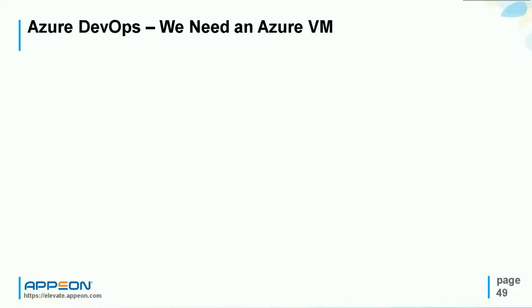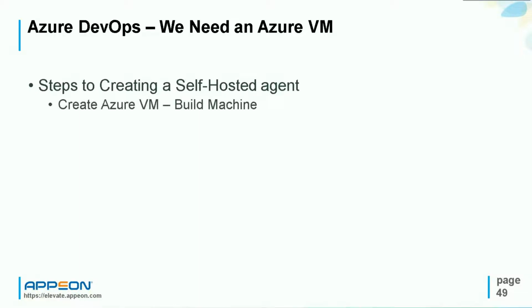So I have to go the self-hosted agent route. And so the first step is I need to create an Azure VM. So here are the steps of what's going to happen next. I need to create a self-hosted agent. So I need to set up an Azure account, and then inside of that, I need to create an Azure VM. And then I need to get RDP working.